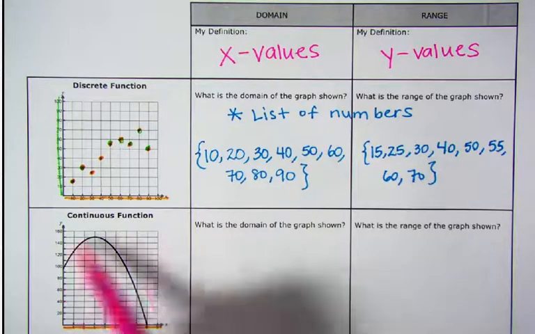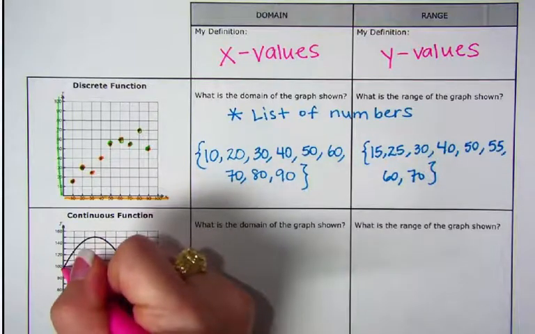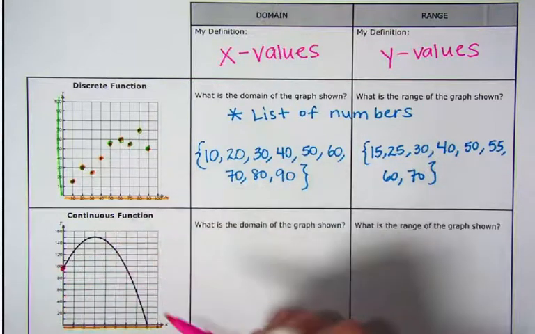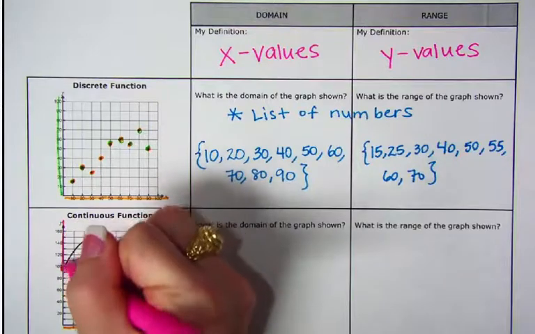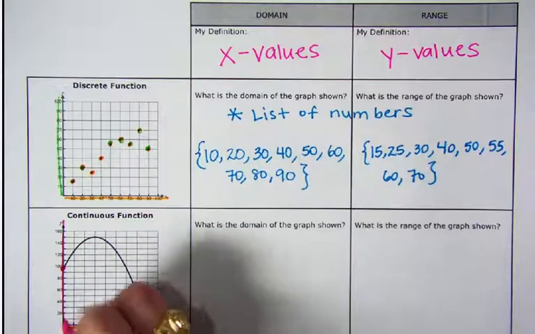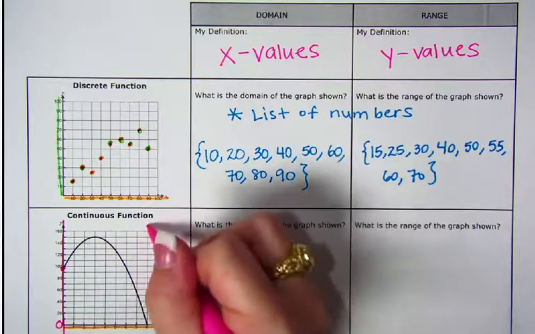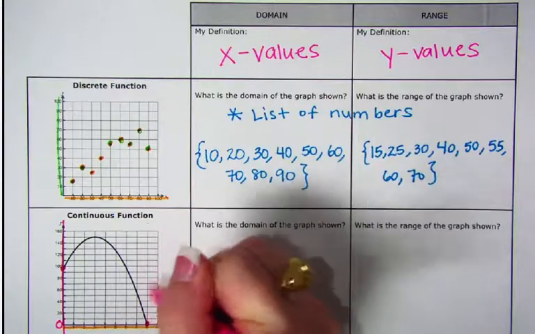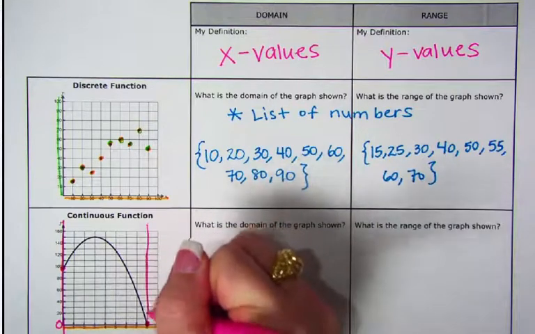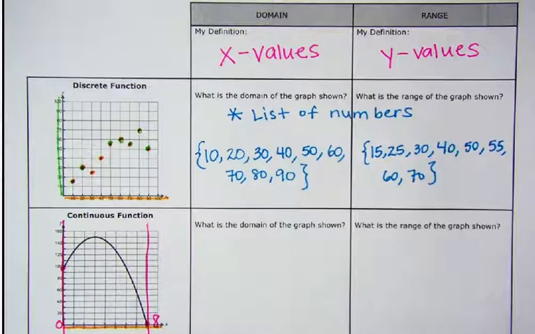If I look at my graph, what is the leftmost x value that I have? The leftmost point is right here. So if I draw a line down to that x value, that's an x value of 0. I'm going to do the same thing over on the right side. So here is my rightmost point. If I draw a line down there, that rightmost point is at 8. So my x's are between 0 and 8.